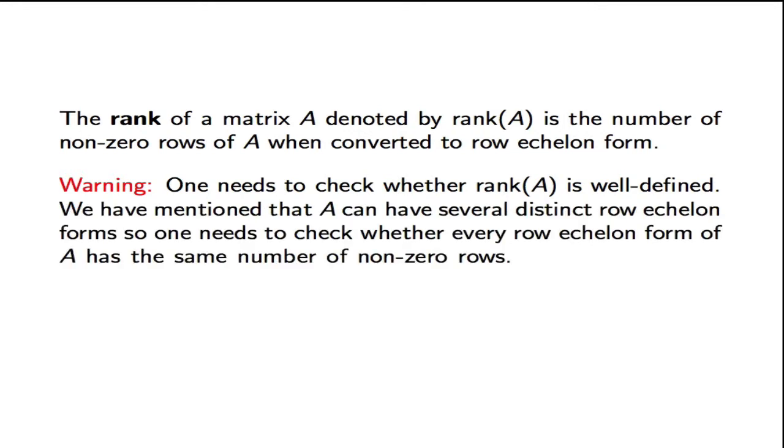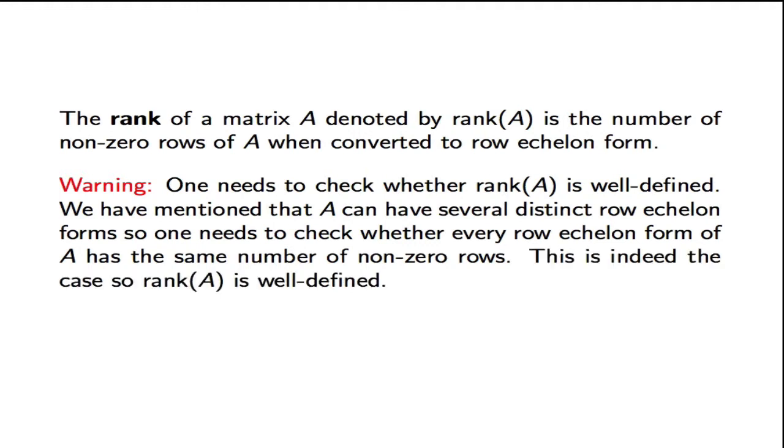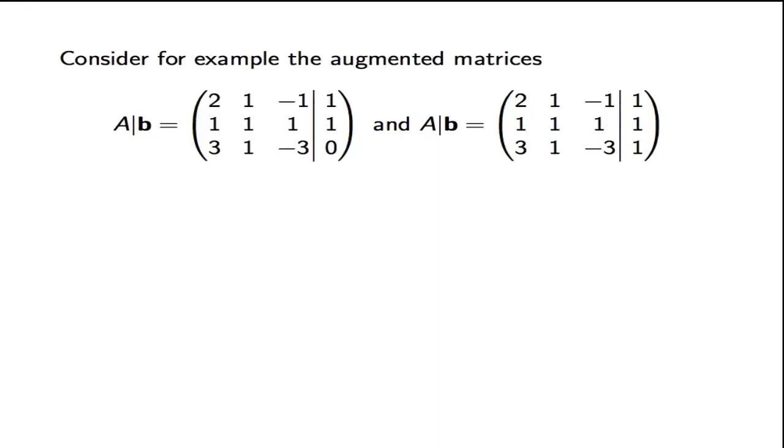Well, we have mentioned that A can have several distinct row echelon forms. So we need to check that if we have 2 different row echelon forms of A, they really do have the same number of non-zero rows. And this is indeed the case, so rank of A is indeed well defined, but we are not going to prove it.